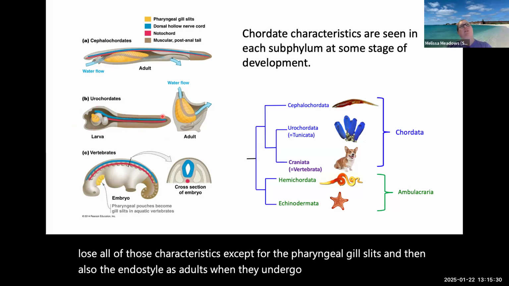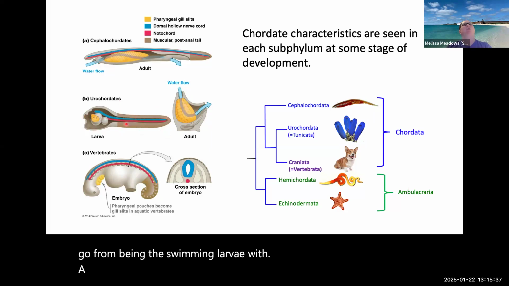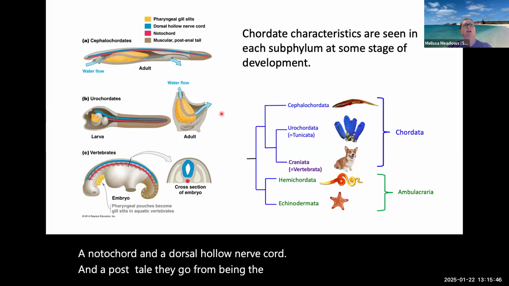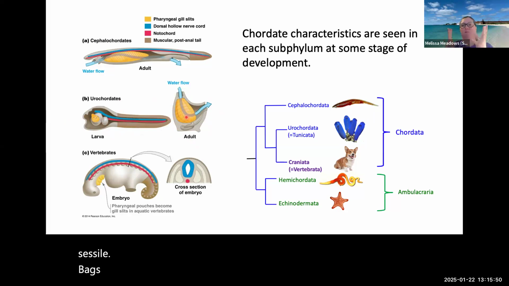And they go from being these swimming larvae with a notochord and a dorsal hollow nerve cord and a postanal tail, to these sessile bags of basically feeding organism as adults.